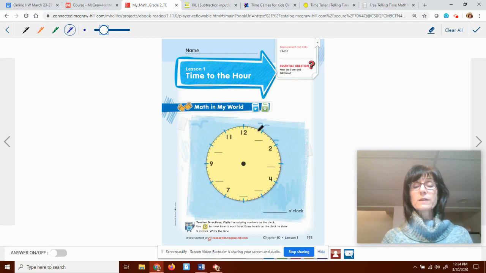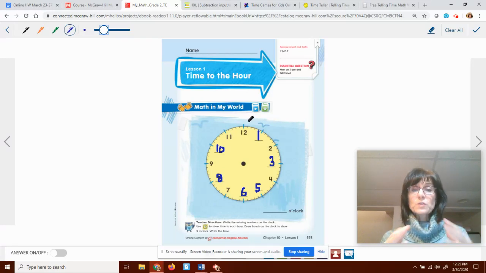So we've got 12 o'clock and then we have 1, 2, 3, 4, 5, 6, 7, 8, 9, 10, 11, 12. So these are the missing numbers on our clock that you're going to see in front of you.